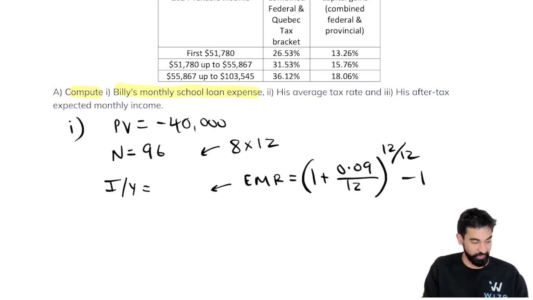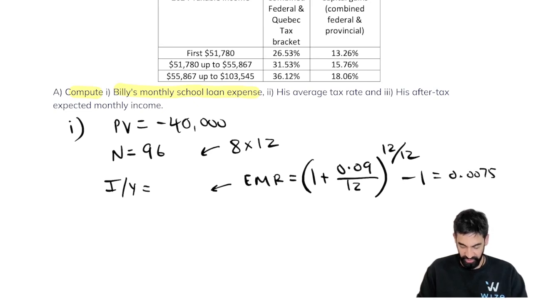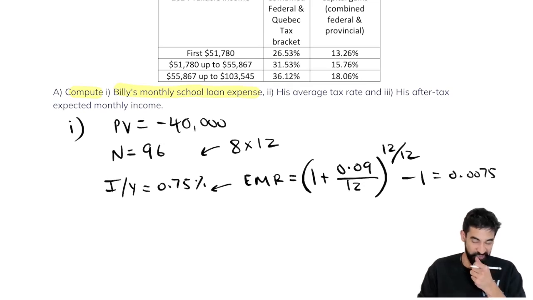So it's basically just 9% divided by 12, because it's going to be to the power of 1. And that's going to give me 0.0075. If you times that by 100, that's 0.75%. Because remember here, you have to put it as a percentage in your financial calculator.